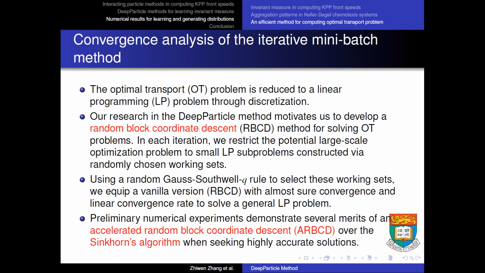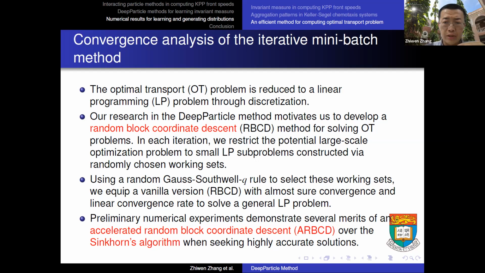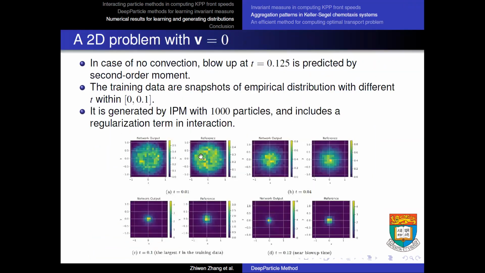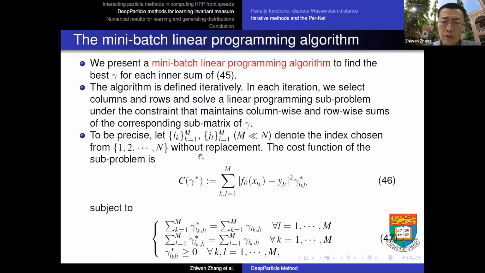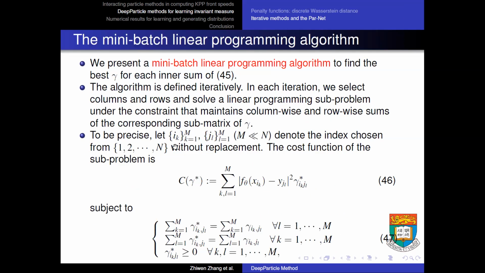Right, but what is this trick? We create some basis that can tell us which kind of index to choose to achieve faster convergence. Okay, so it's not that random anymore. You have an educated guess of how to pick. That's right.